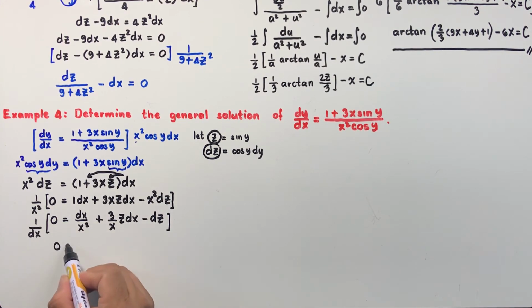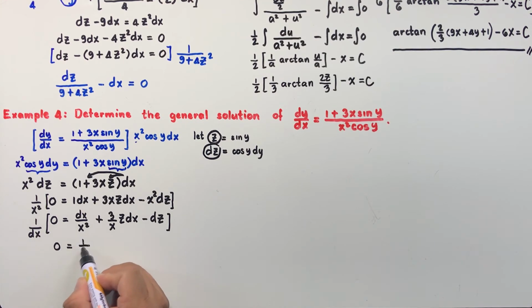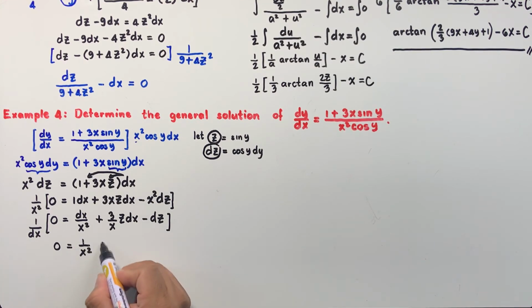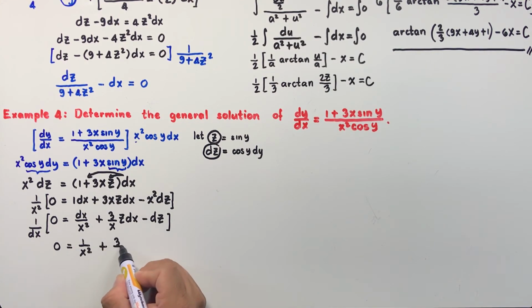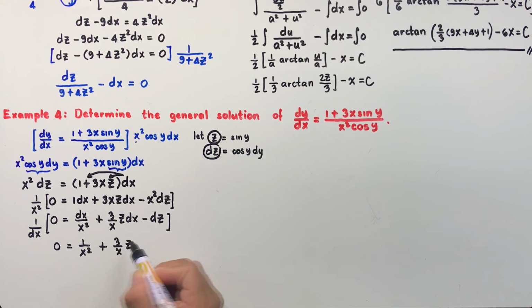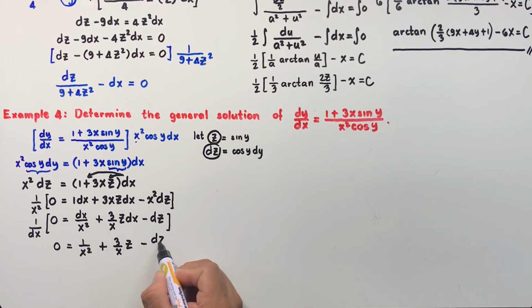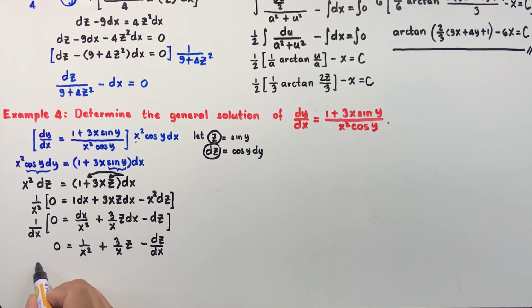So this is equal to 1 over x squared. And this is added to 3 over x z minus dz over dx. So moving this term to the left side, we have positive dz over dx minus 3 over x times z, which is equal to 1 over x squared.